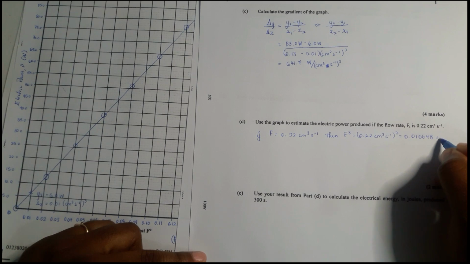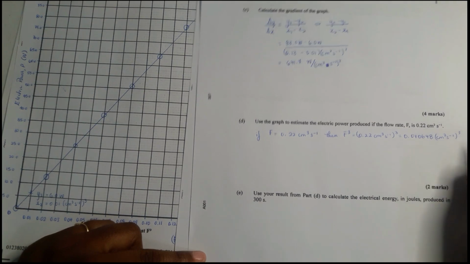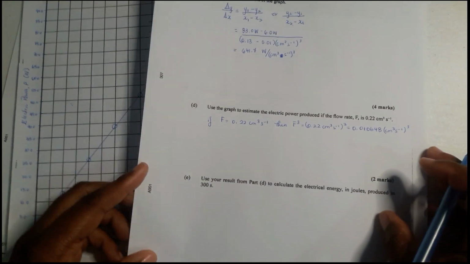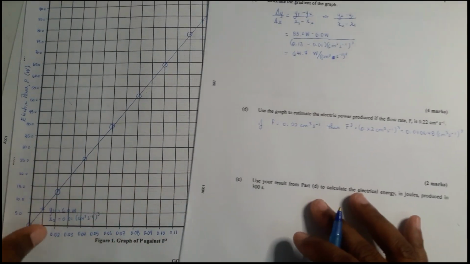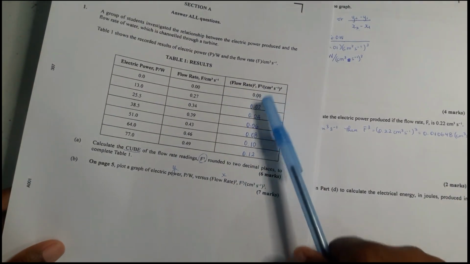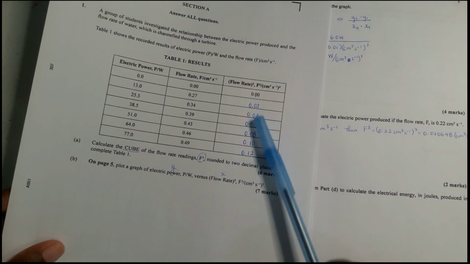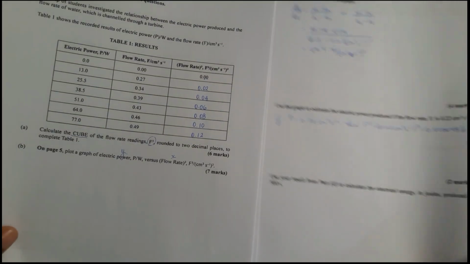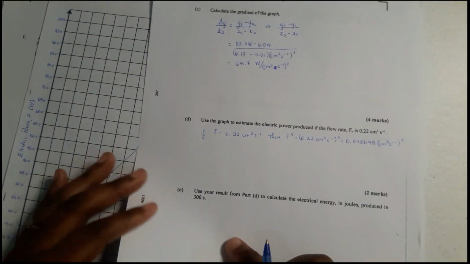0.010648 centimeters cubed per second, and then we put here cubed, right? So we will get that. But remember, in the question before, they only wanted the F cubed at 2 decimal places. So what we're going to do is record this answer at 2 decimal places.